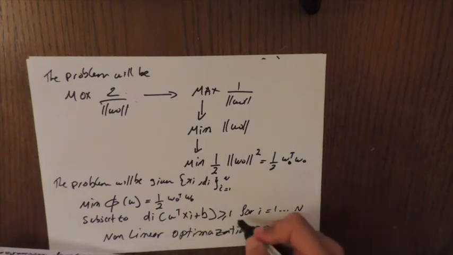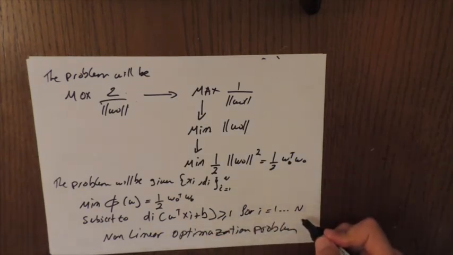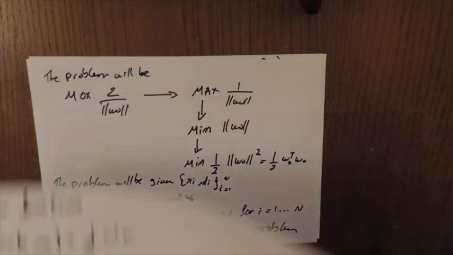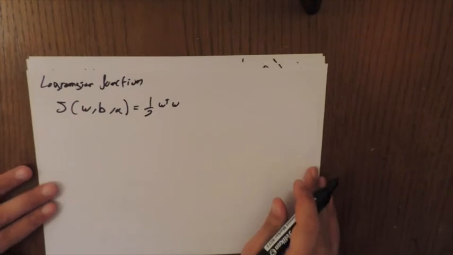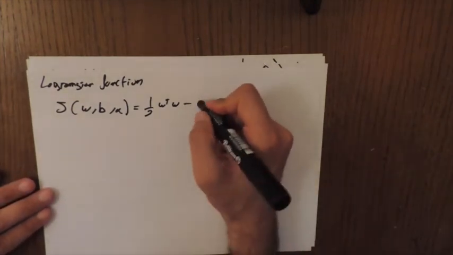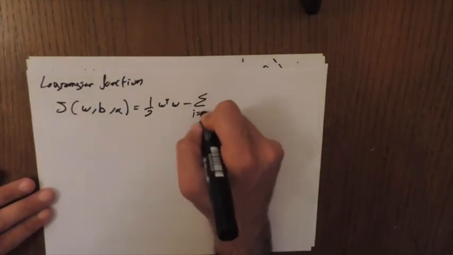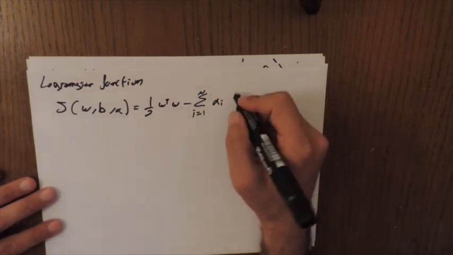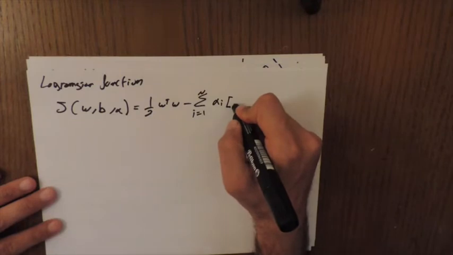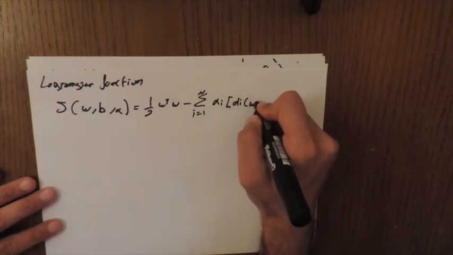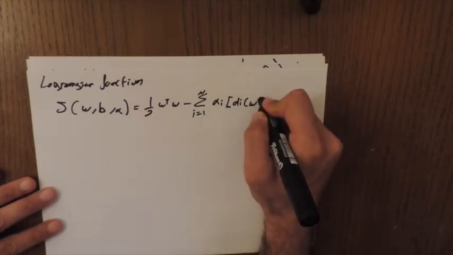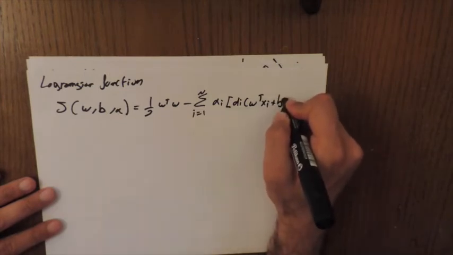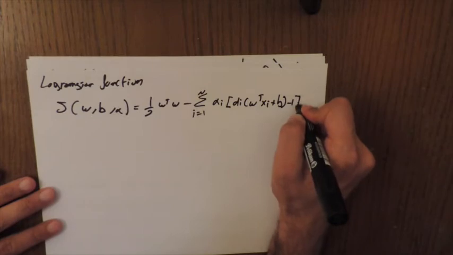Since we have n constraints, I'm going to do the sum for them: minus the summation for i equal 1 to n of alpha i, d i, w transpose x i plus b, minus 1.